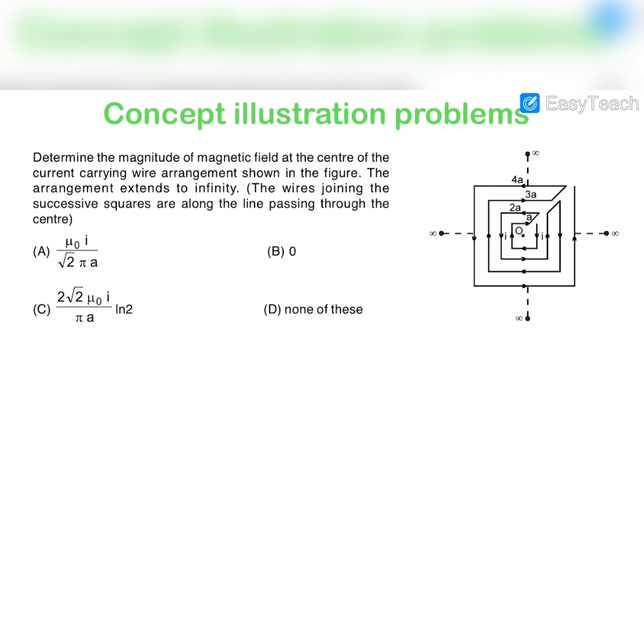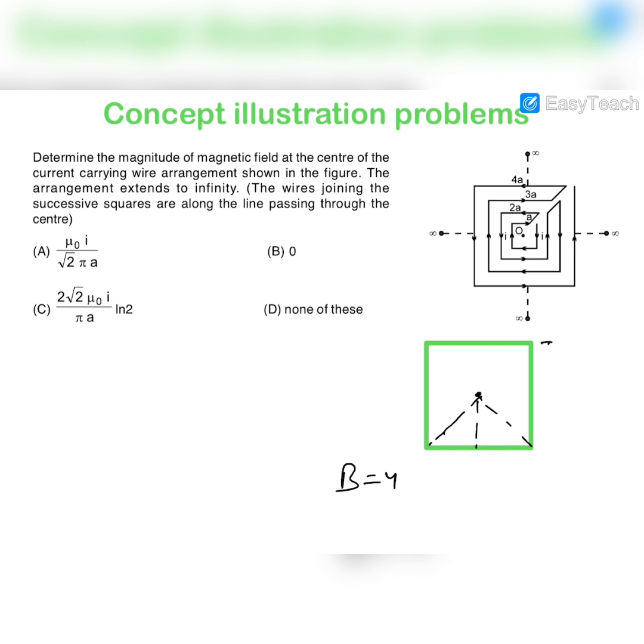First, let us find the net magnetic field due to the square at the center. The net magnetic field due to a square will be 4 times the magnetic field due to a single wire.